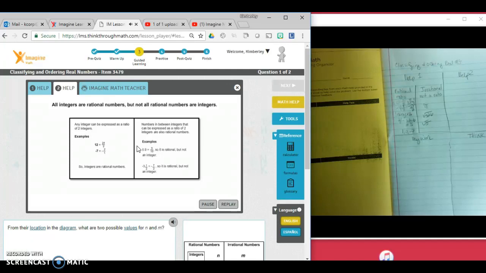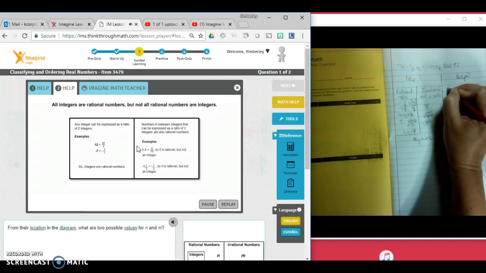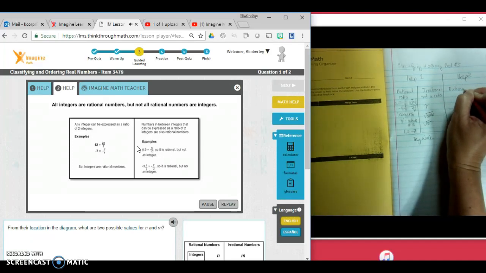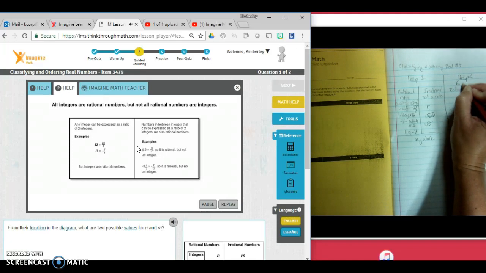So, integers are rational numbers. Numbers in between integers that can be expressed as a ratio of 2 integers are also rational numbers. Examples. 0.9 equals 9/10, so it is rational, but not an integer. Negative 3 1/2 equals negative 7/2, so it is rational, but not an integer.